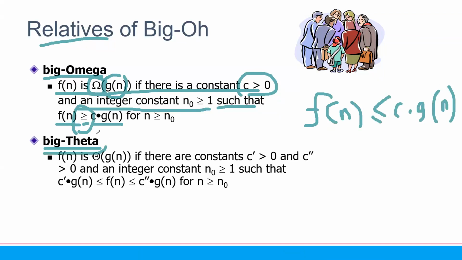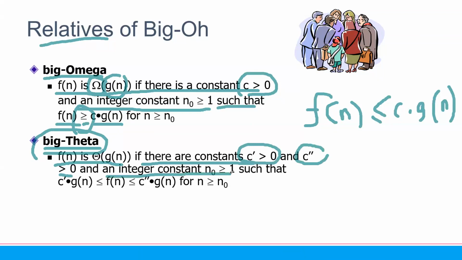What about big theta? Fn is big theta Gn if there are constants C prime greater than 0 and C double prime greater than 0, and an integer constant n0 greater than or equal to 1.